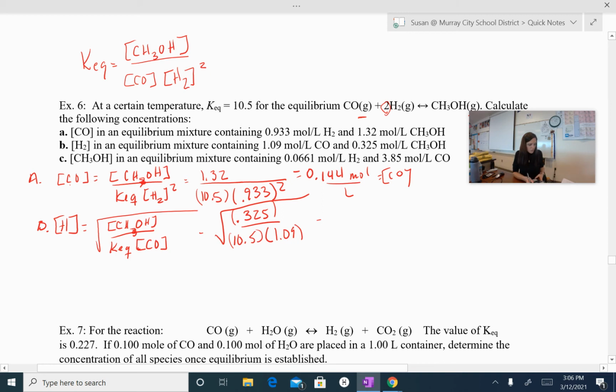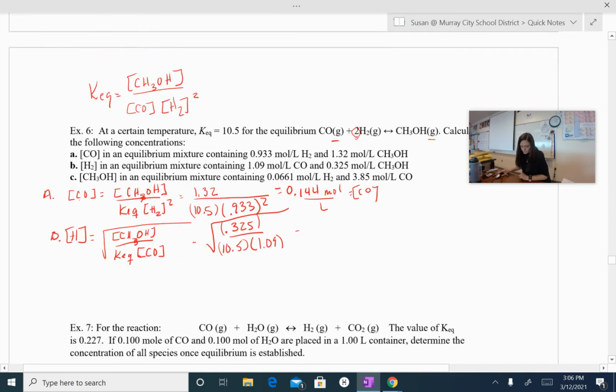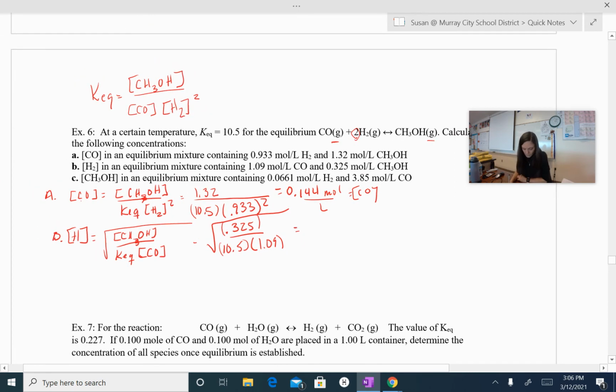Okay, so I'm going to actually take 0.325 divided by 10.5 divided by 1.09, get that number, and then I'm going to square root that. So when I do that, I have 3 sig figs. That gives me 0.169 moles per liter of hydrogen.